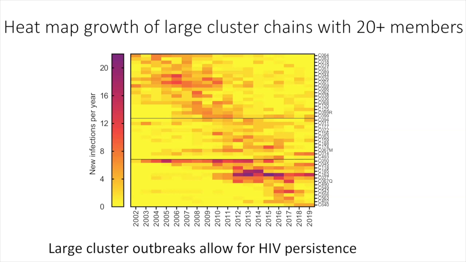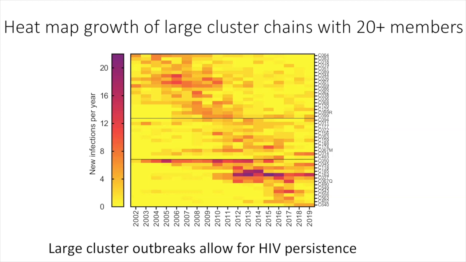The upper quadrant shows clusters before the year 2010 that have somewhat abated over time, and we get isolated cases. In the second quadrant, you see epidemics that have arisen post 2010. They may have arisen from a virus much earlier, but they're also of limited size.